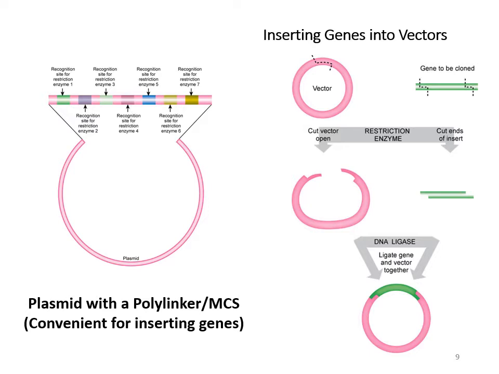Not every vector is going to get the intended gene, because remember, in lab we mentioned that when you do this type of experiment, when you cut that vector open and then you put it with these DNA pieces that you want to stick into there, well, look at these. These guys also want to stick back to each other. They match. So a lot of times when you do the experiment, a lot of your plasmids will actually religate on each other and not have the insert.